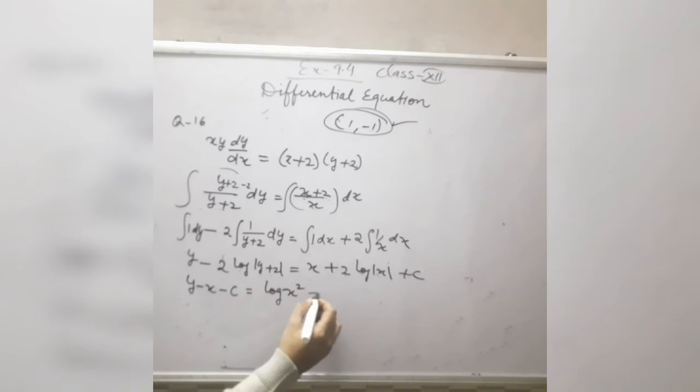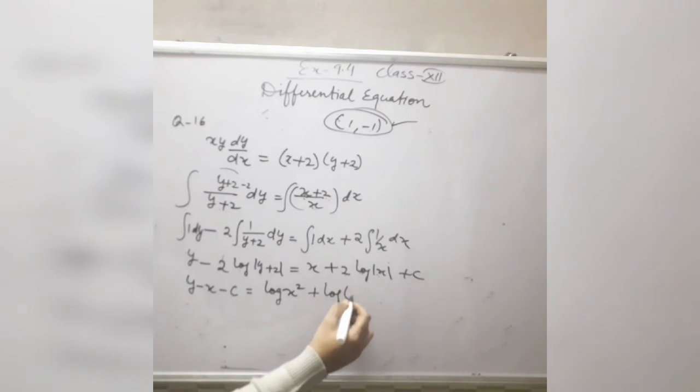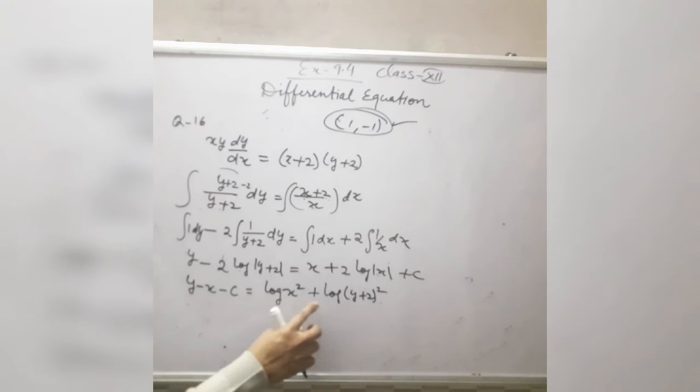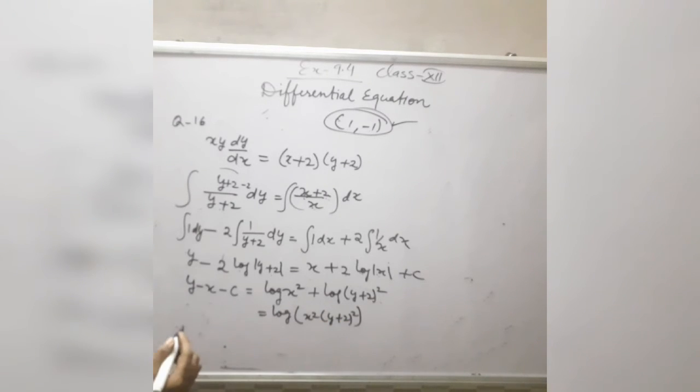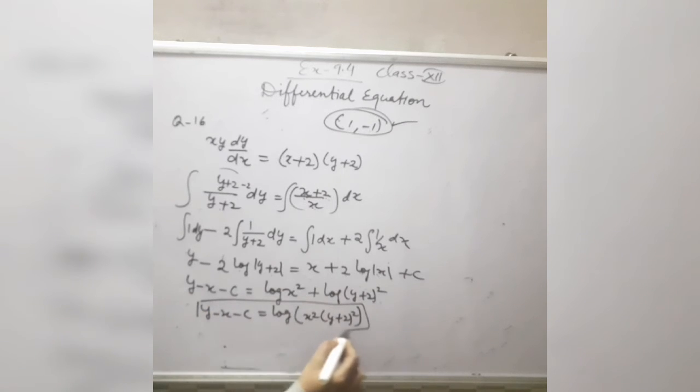When you shift this to the other side it becomes log of y plus 2 whole square. And log m plus log n can be written as log of m into n, so it becomes log of x square into y plus 2 whole square. So this is equal to y minus x minus c. This is the general solution.